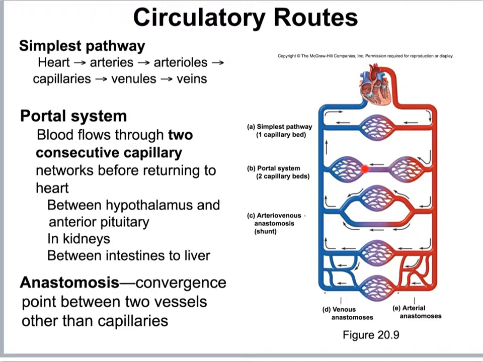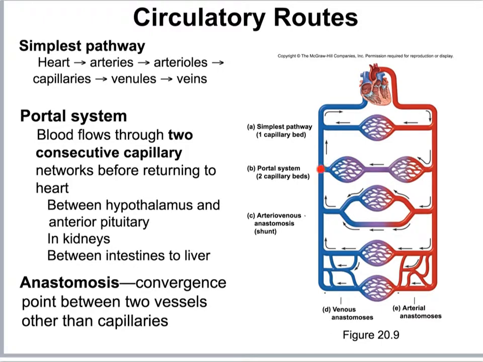That vein then goes to, say, the liver or some other organ, where it branches out into a second capillary bed. The purpose of the second capillary bed is not to exchange oxygen, you've already dropped off your oxygen, but often to allow for the exchange of something else, either hormones, as takes place in the hypophyseal portal system in your pituitary, or to basically cleanse and filter the blood, as happens in the liver.